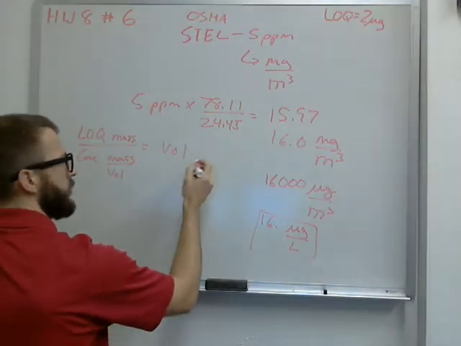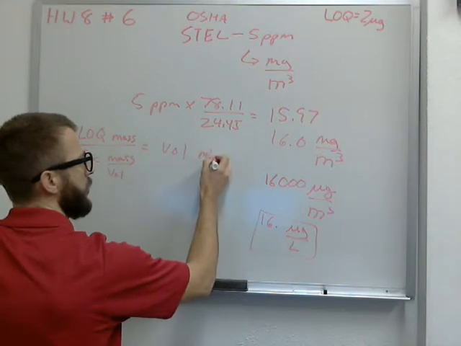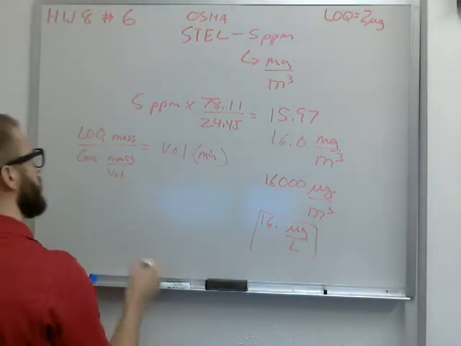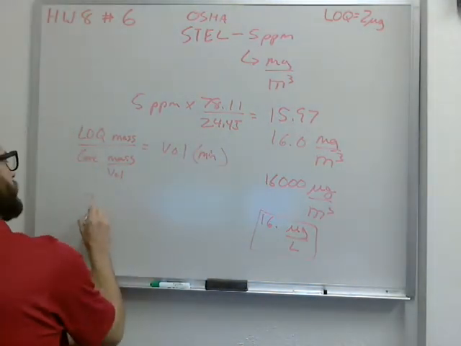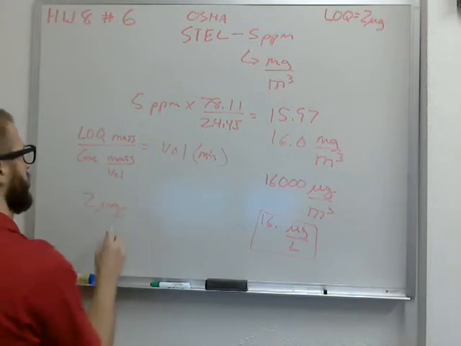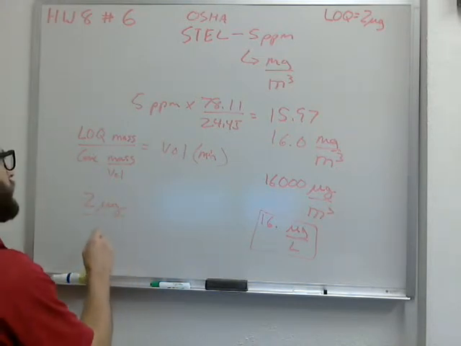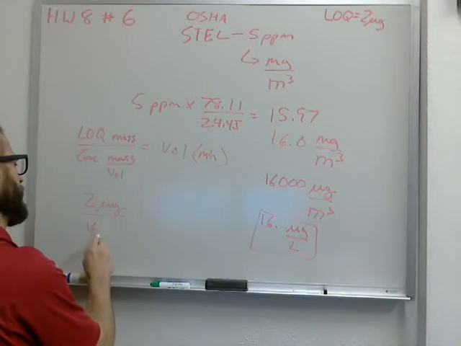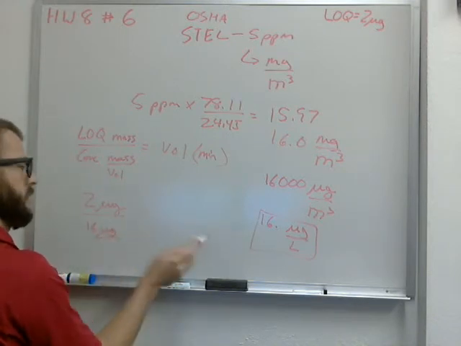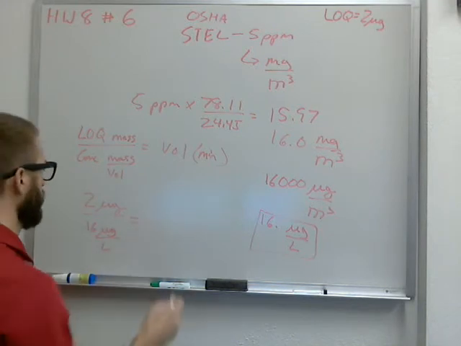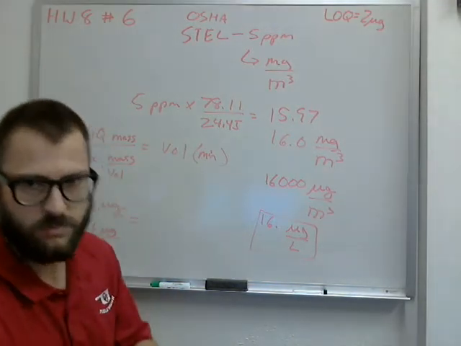And what really this gives us is our minimum volume that we must collect. So our LOQ is 2 micrograms. Our concentration is 16 micrograms per liter.